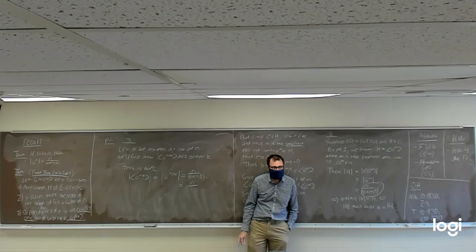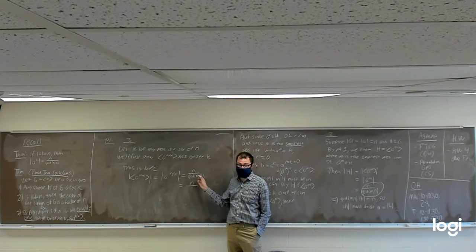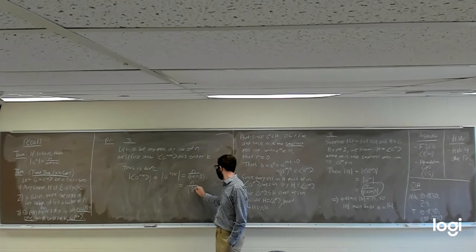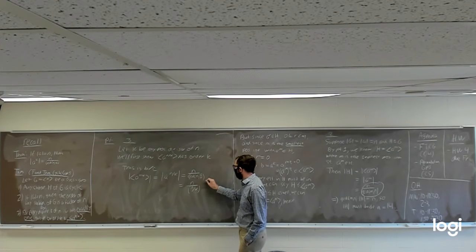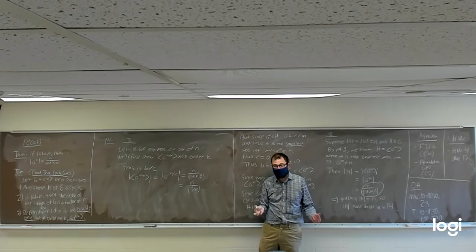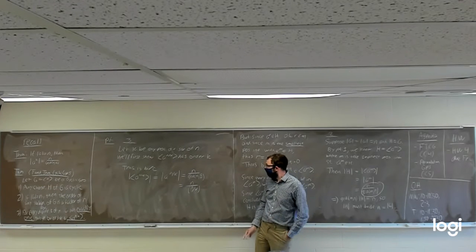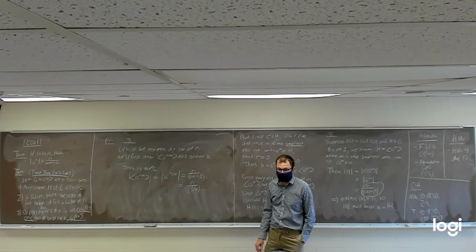What's the GCD of n and n over k? Keeping in mind that n over k is already a factor of n, the GCD of n and n over k is just n over k. The GCD of n and any factor of n is automatically that factor of n. So the order of the group generated by a to the n over k is n over n over k, which is k.